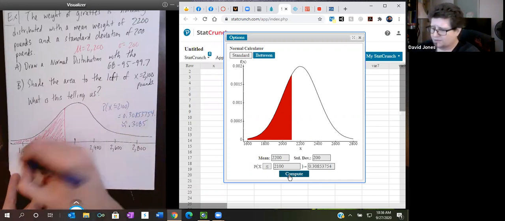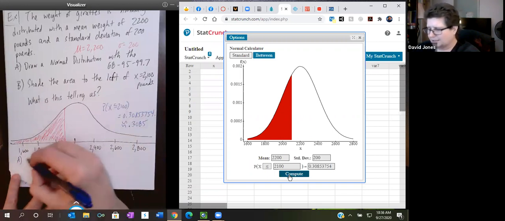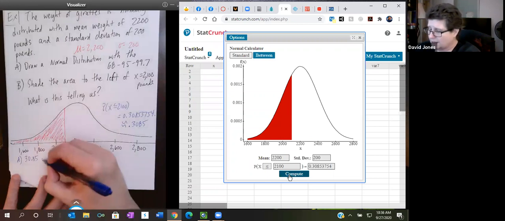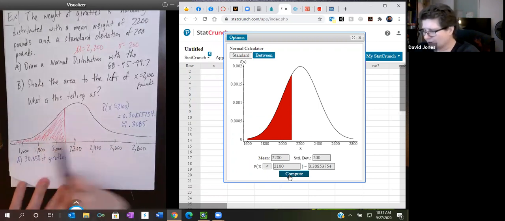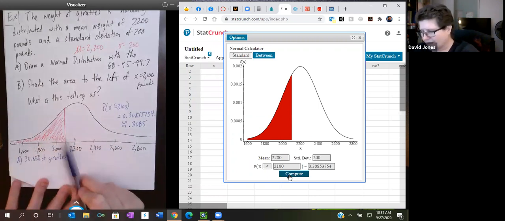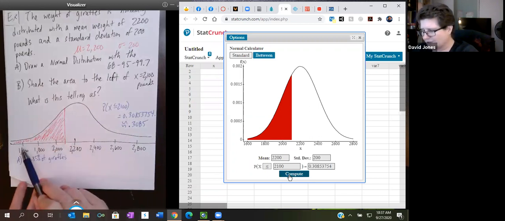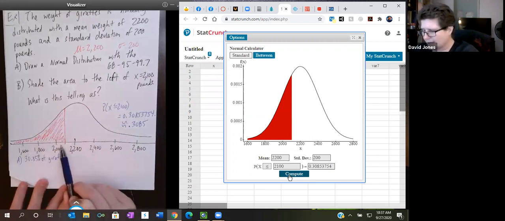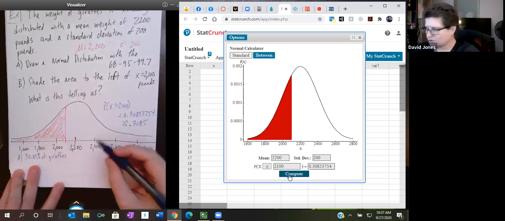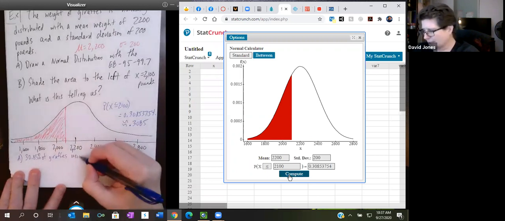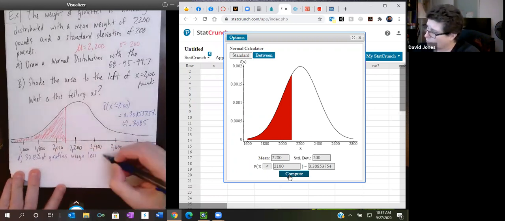And we have 2 ways of interpreting that. If I write it as percentages, 30.85% of giraffes. What does this mean? What are the numbers over here to the left of 2,100? I've got 2,000, 1,800, 1,600. These are all weights. And we're saying, so we must be talking about giraffes in this range. 30.85% of giraffes weigh less than 2,100 pounds.